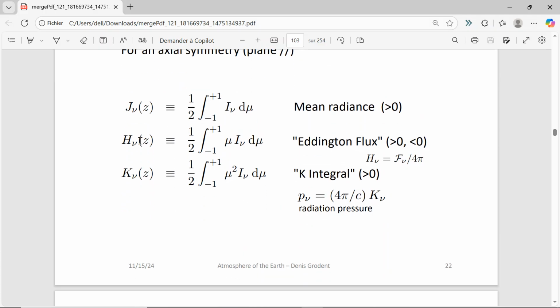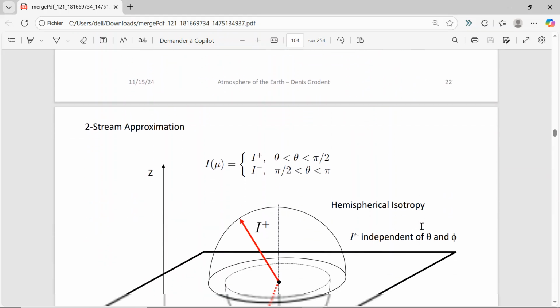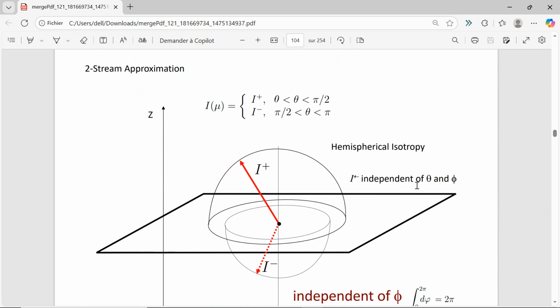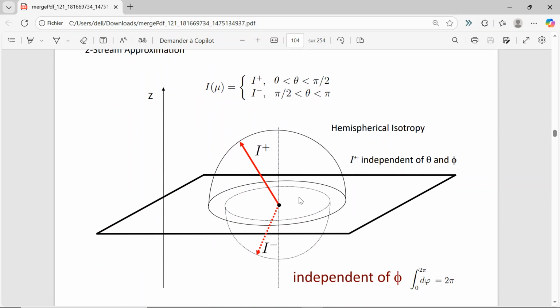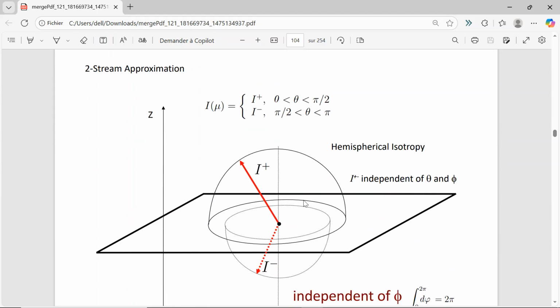So there are the expressions of the mean radiance, the flux, and the K integral, which is linked to the radiation pressure. Two-stream approximation: there are two choices for each photon, upwards or downwards hemisphere, E plus or E minus, with independence of theta and phi.